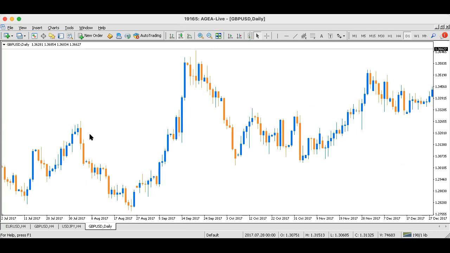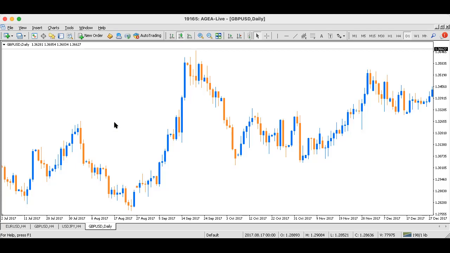All right, so on this chart, let's identify all the sandwiches that you can see. One feature of the sandwich is that it's accompanied by an engulfing pattern. So anytime you see a sandwich, you should know that there is an engulfing pattern that's going to accompany it.